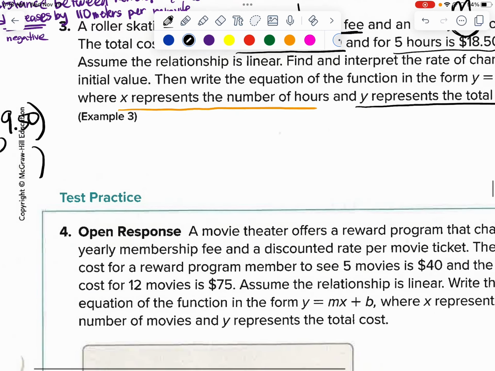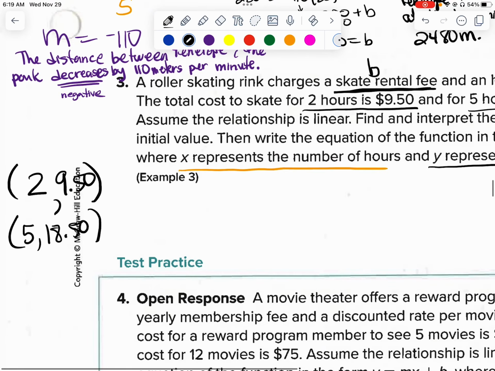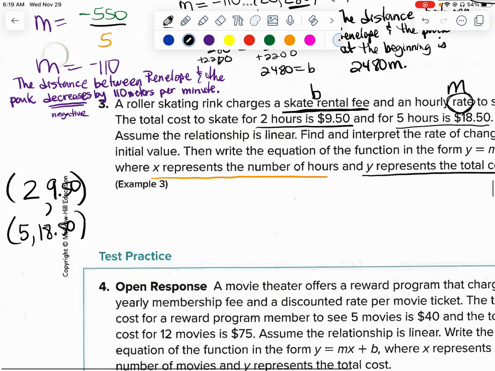The y value is the money, the total cost, $18.50. Okay, so the very first thing I have to do, we're writing the equation of the function. So the very first thing I need to do, oh no, we still have to find and interpret also. I had to make sure. We have to find the slope.